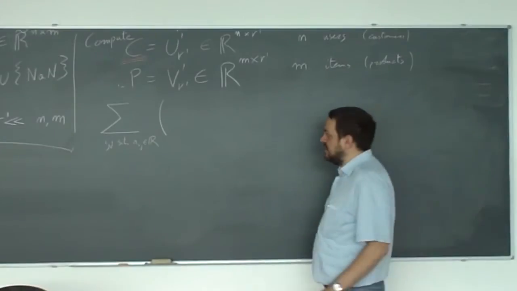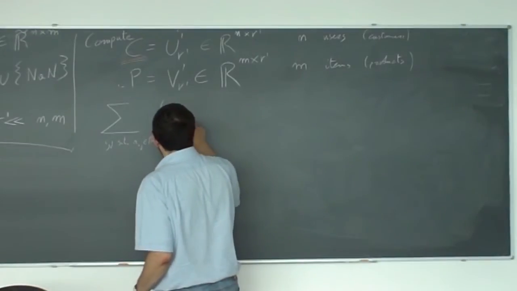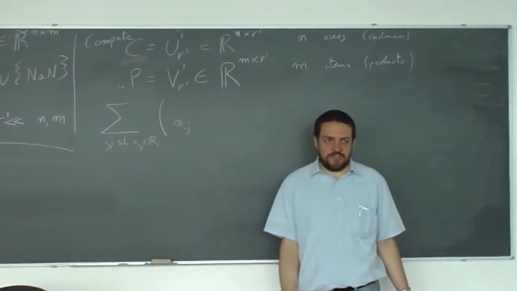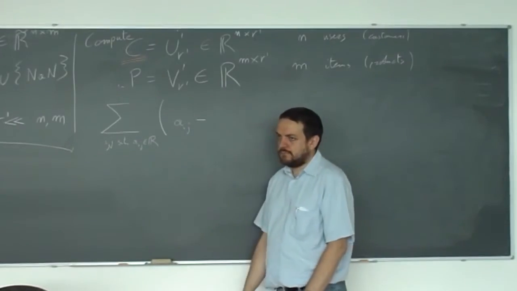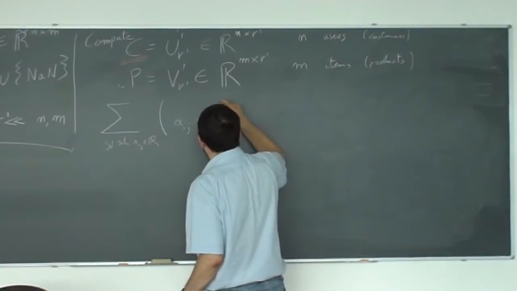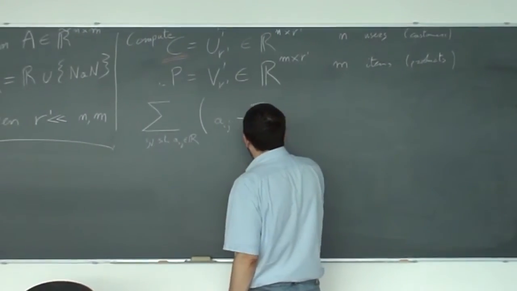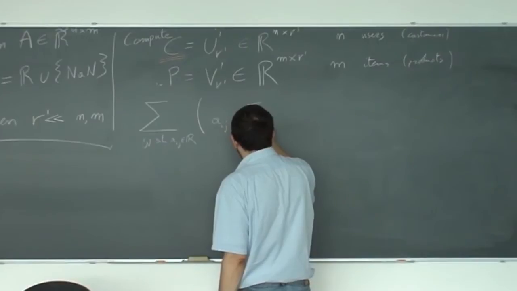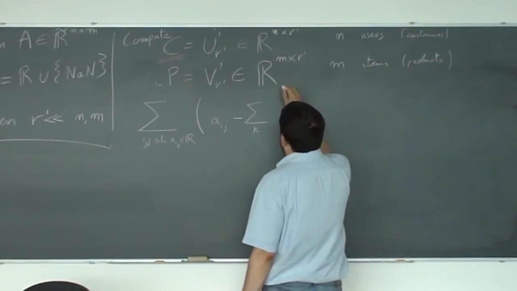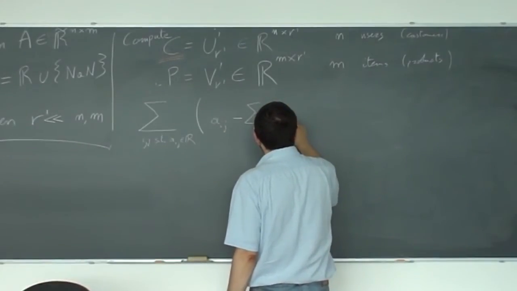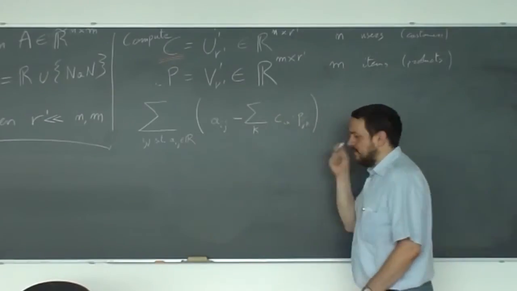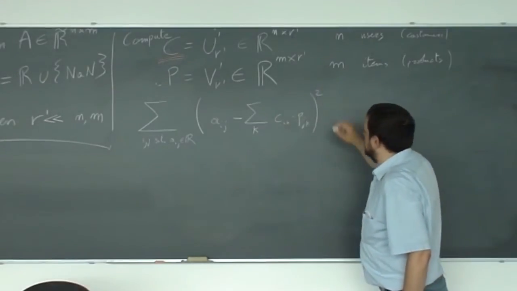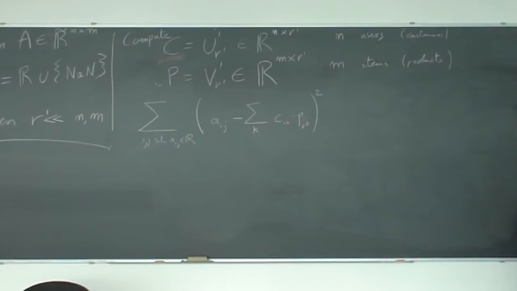The square of the error is the difference between the original value v_ij and the sum along k of c_ik times p_jk, and this is squared.